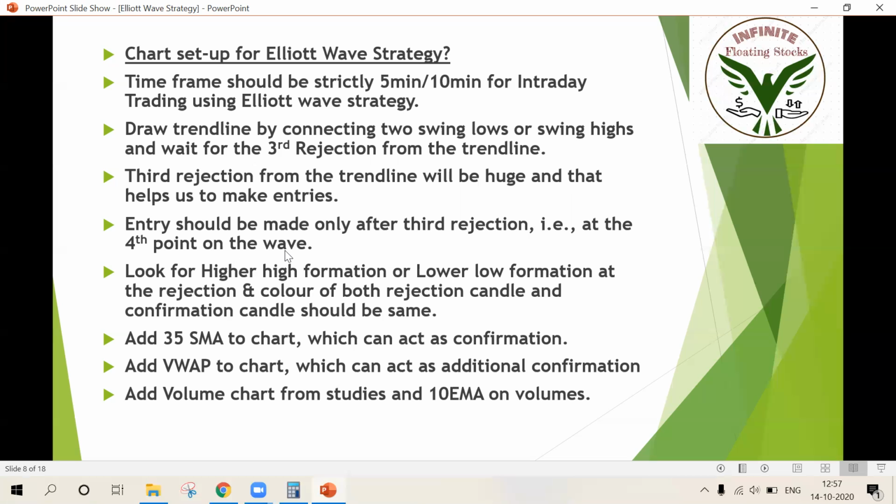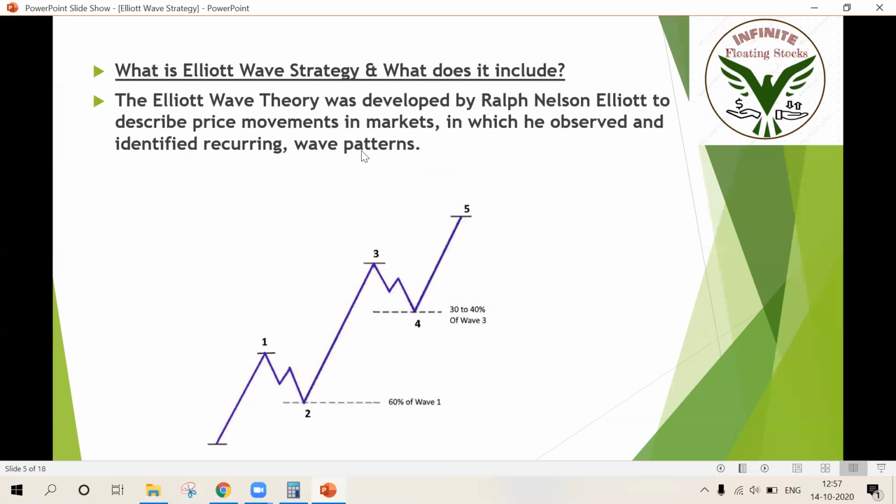When I say fourth wave point, let's go back to the chart. Look at this: this is wave one, this is wave two, this is wave three, this is wave four. But when we draw a trend line like this, this is the first rejection, this is the second rejection, and this is the third rejection. The third rejection is nothing but the fourth wave.